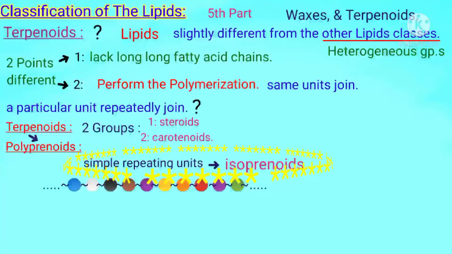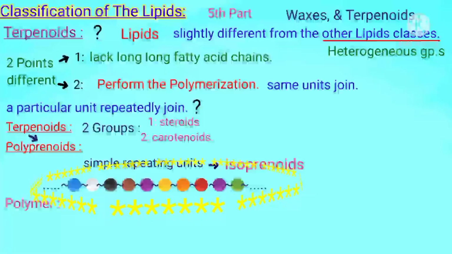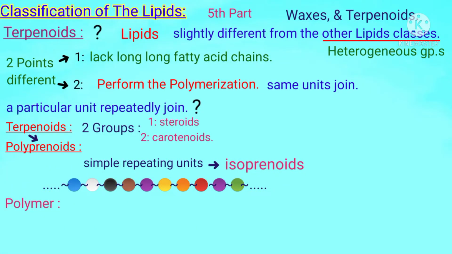Dear students, have you heard the word polymer in the polysaccharide topic? Poly means many, mer means unit. So when many units combine, then it will form a polymer. In a polymer, only a single unit is called a monomer.